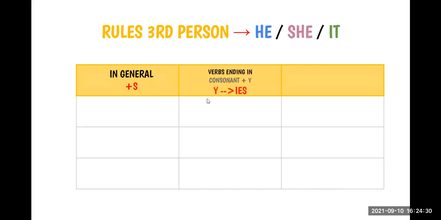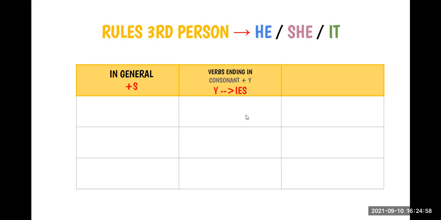But then we have another one, it says, when we have a verb and this verb ends in a consonant and Y, we need to change the Y for IES. Okay, this is the other rule. When we have a consonant at the end of the verb and a Y, we need to erase the Y and change it for IES.